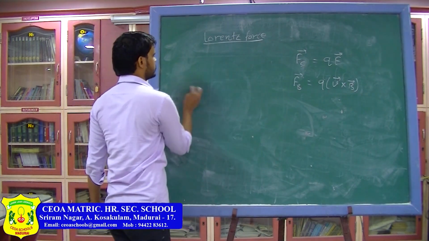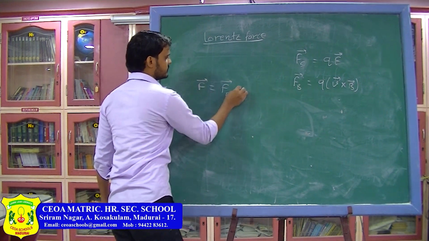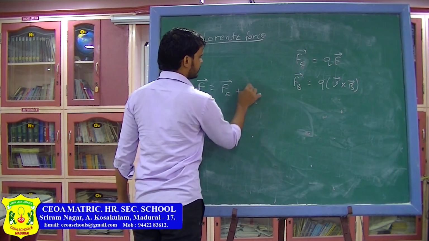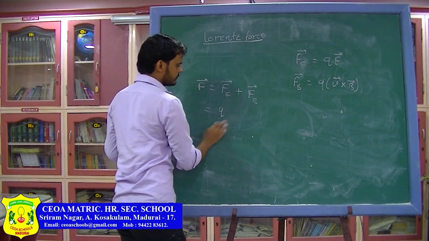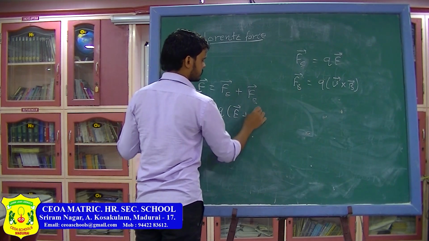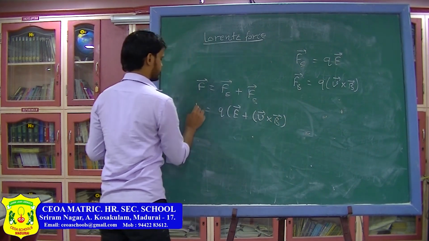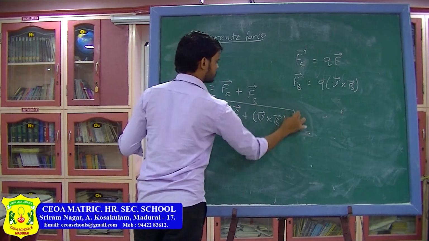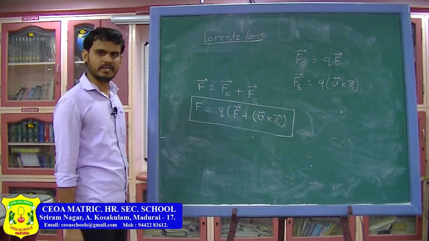Then the total force on the particle will be the electric force plus the magnetic force, which I write as Q into E plus V cross B. So this force is called the Lorentz force.